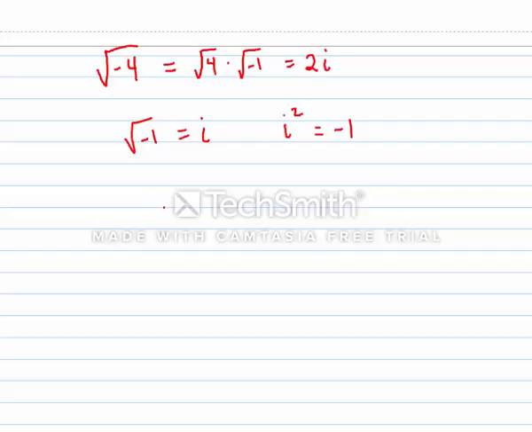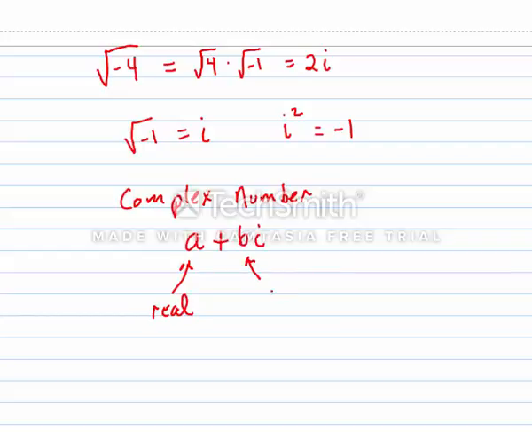Now in general, a complex number is written in the form of a plus bi, where we have a real part and an imaginary part.